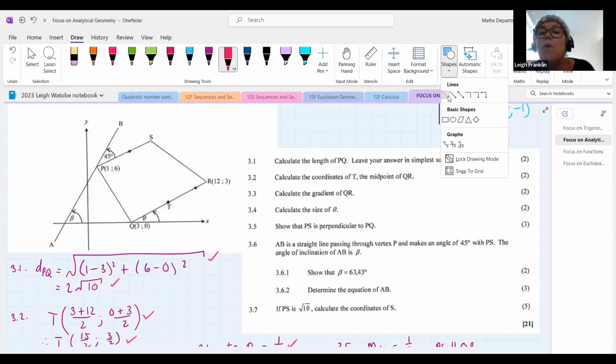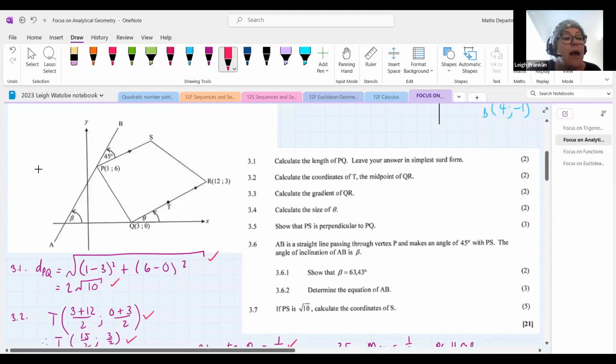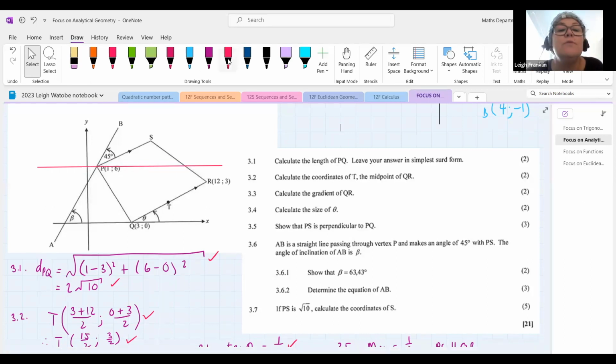If I draw a horizontal line through P, and I'm going to move this down a little bit because I realize it's a bit high, then this horizontal line would be parallel to the x-axis, wouldn't it?